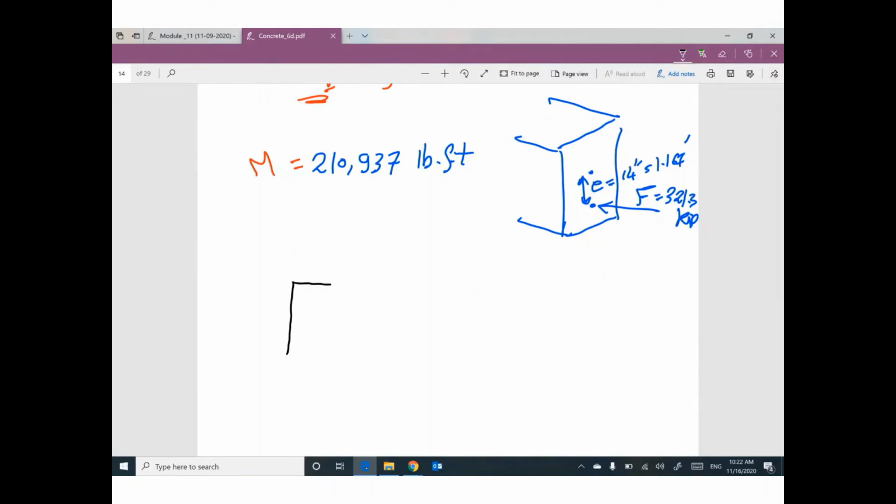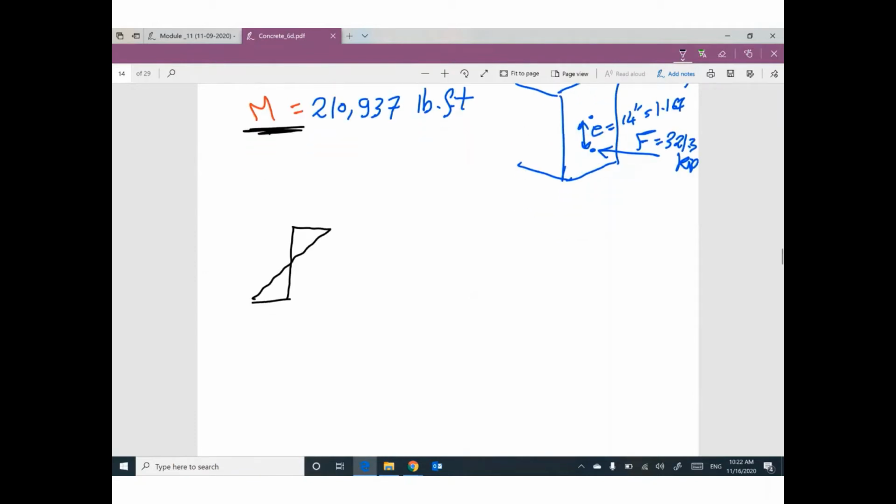Yes, I can. Due to the effect of moment, we have a stress equal my over I. For the pre-stressing force, we have stress uniform. This one will be tension. This one will be compression, compression.